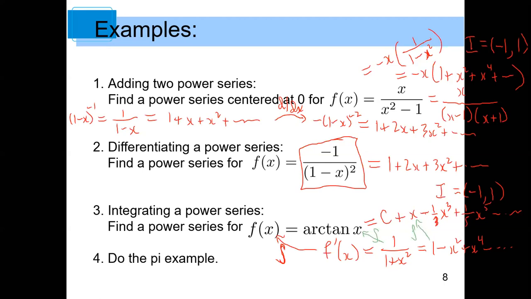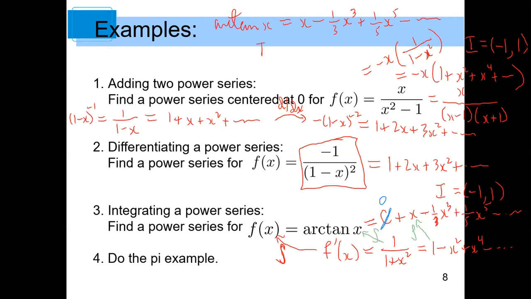So this constant term ends up being 0, and I can get rid of it. So arctangent of x is equal to x minus 1/3 x cubed plus 1/5 x to the fifth, and you see the pattern, minus etc.